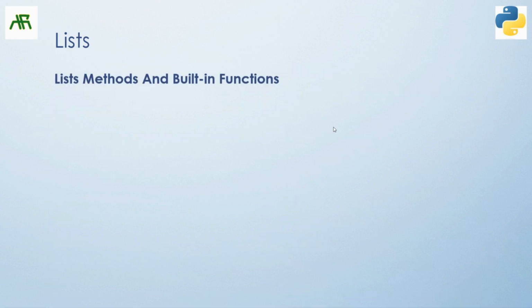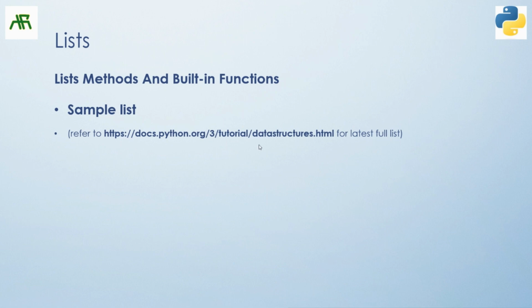List methods and built-in functions. Just like in strings, we have a lot of Python-provided built-in functions. For the full list, please refer to this link. This is from the Python organization.